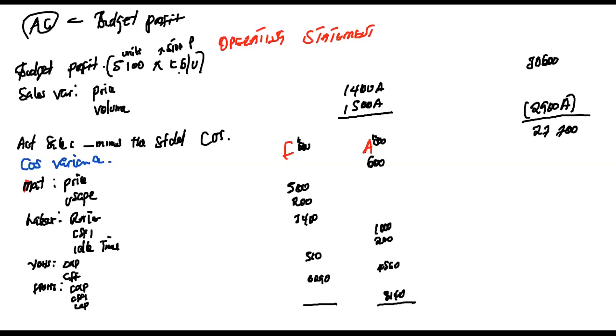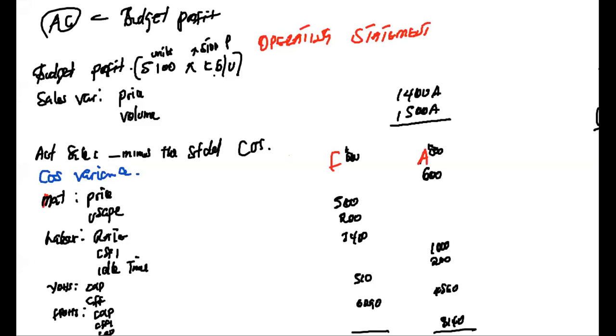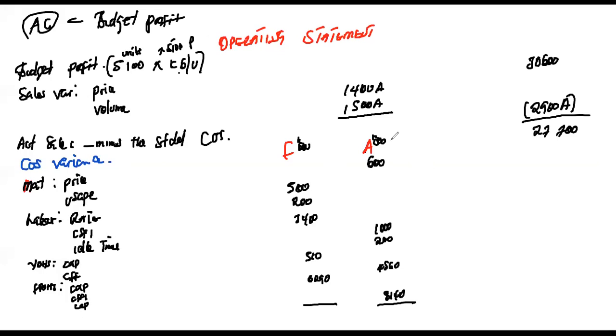Now this is an operating statement. These are free marks. This is where you make marks in the exam. What is the total when you add these guys, and also the total when you add these guys?